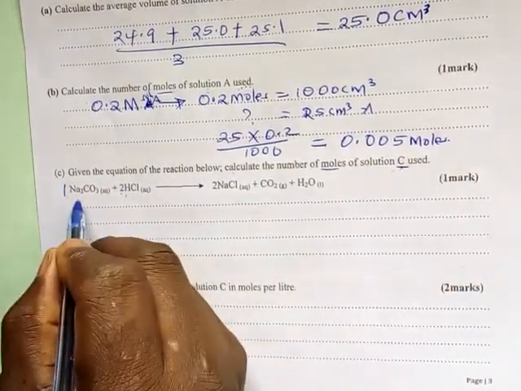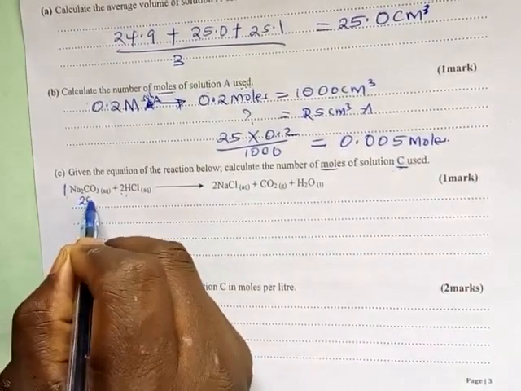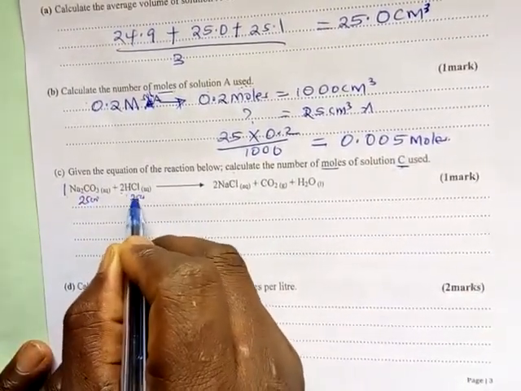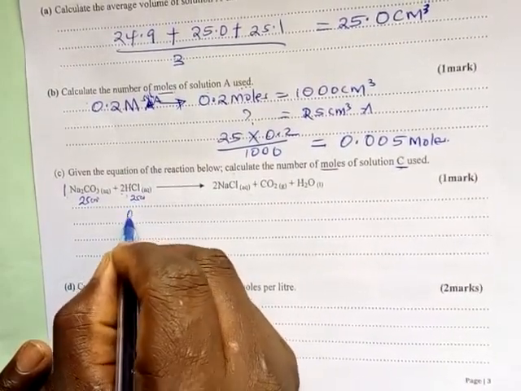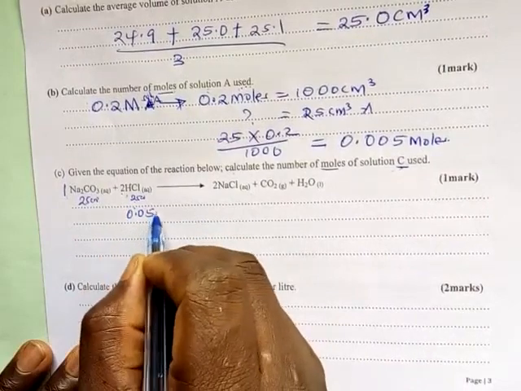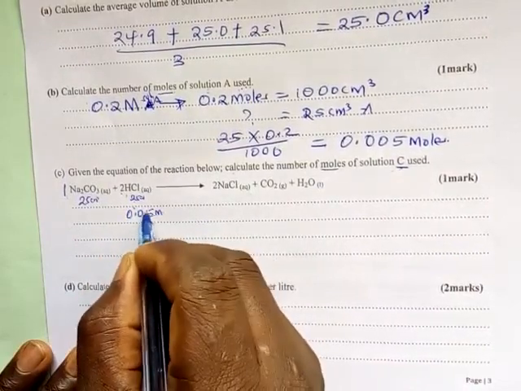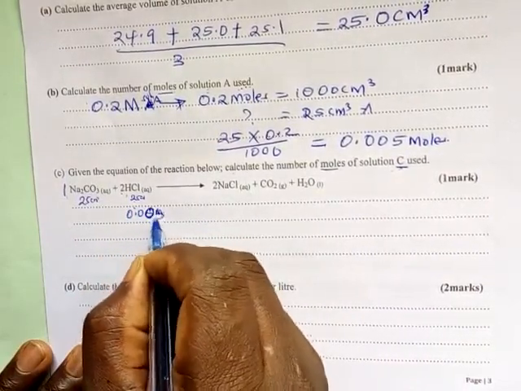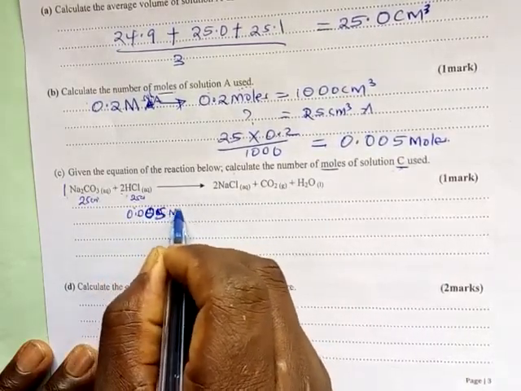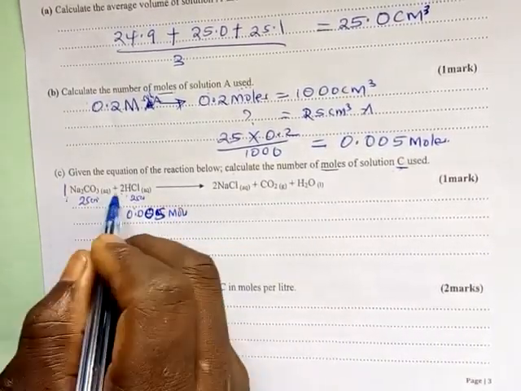Here we have used 25 centimeters cube, and this one is also 25 centimeters cube, but we know the number of moles of this, 0.005 moles. But the ratio is 1 to 2.